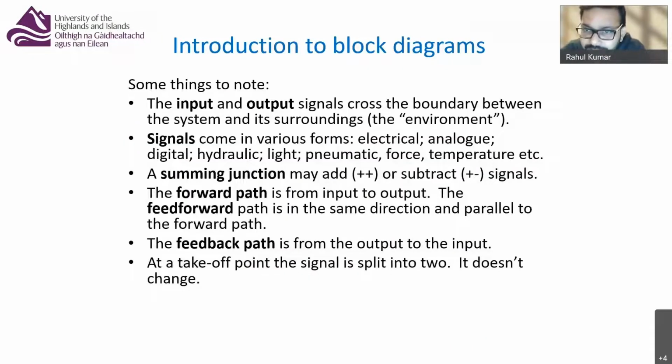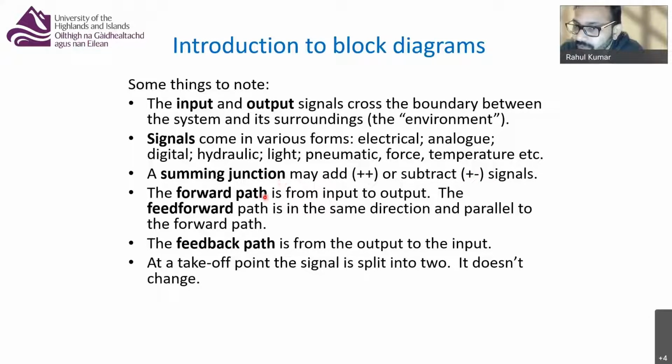I have mentioned these components in here, so you can read them after the class or whenever you are revising. Essentially your summing junction may add two signals or subtract two signals. Whether it is adding or subtracting, it will be called your summing junction.